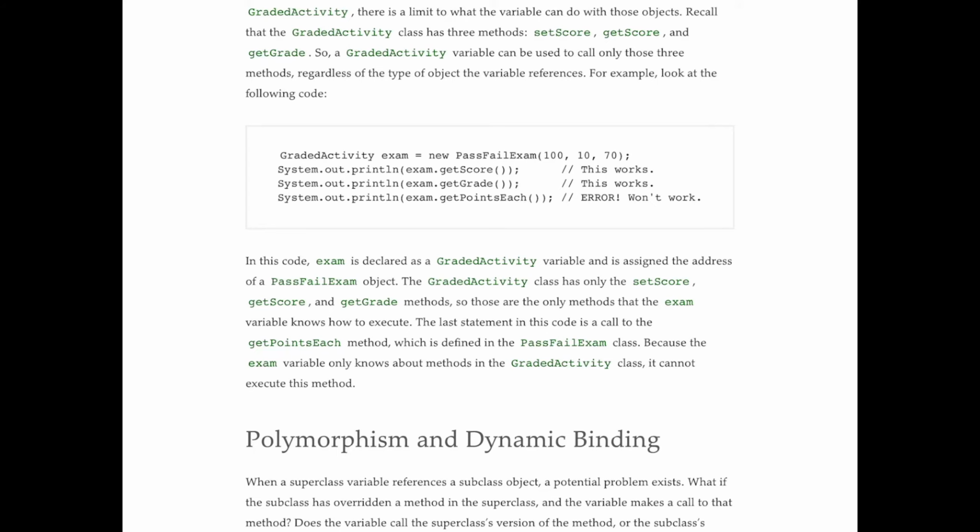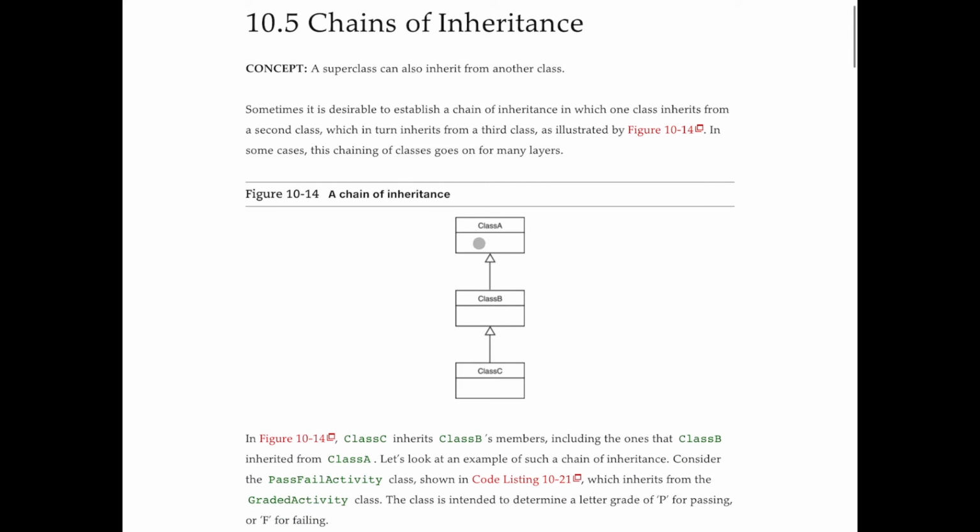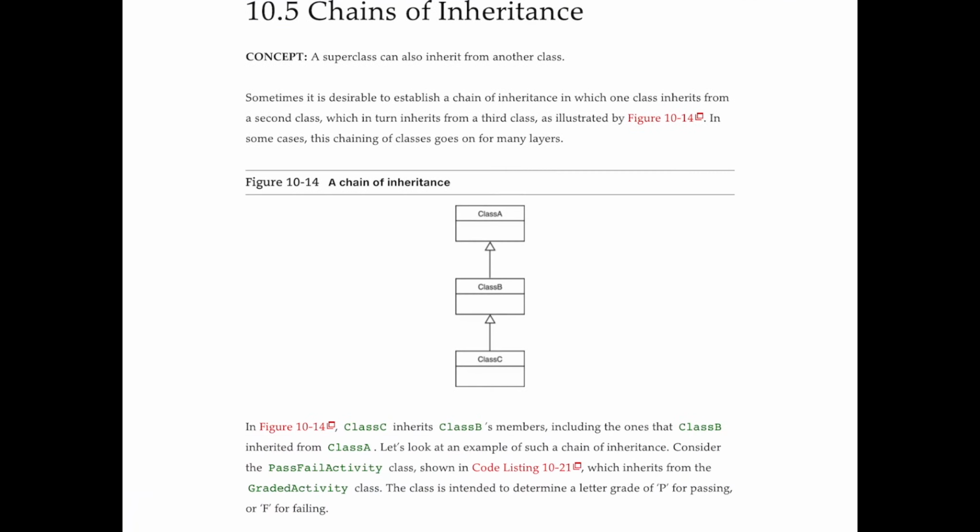So that's the idea of polymorphism: every square is a rectangle, but not every rectangle is a square. And again, I'm going to come back here to 10.5 to show this figure again. This is 10-14, and this is on page 647.